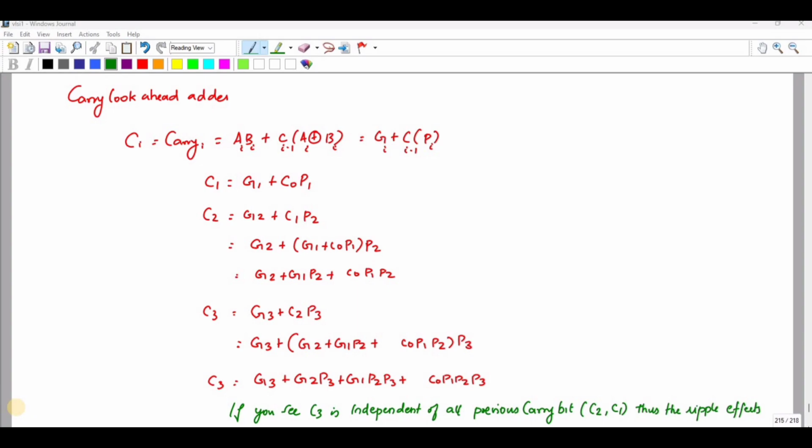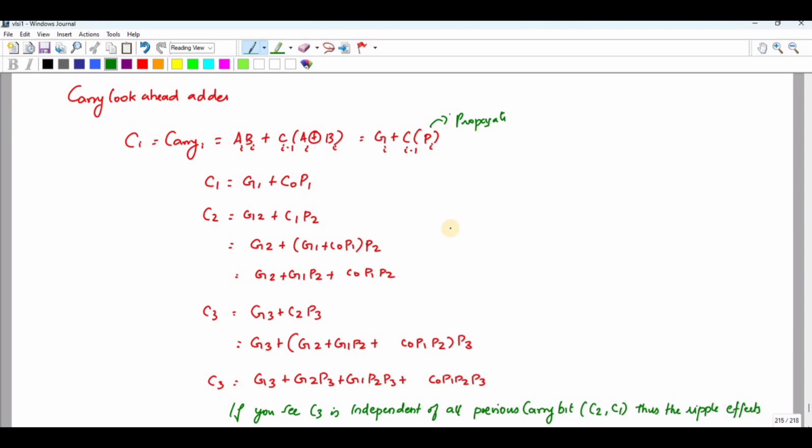We know the relation of the carry: Ci is equal to Ai Bi plus Ci minus 1 times (Ai XOR Bi). This Ai Bi I can write as generate, Gi, and this Ai XOR Bi is propagate, Pi.